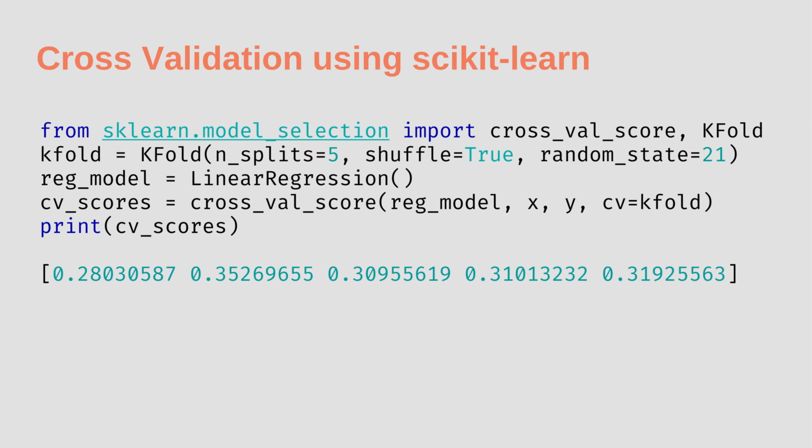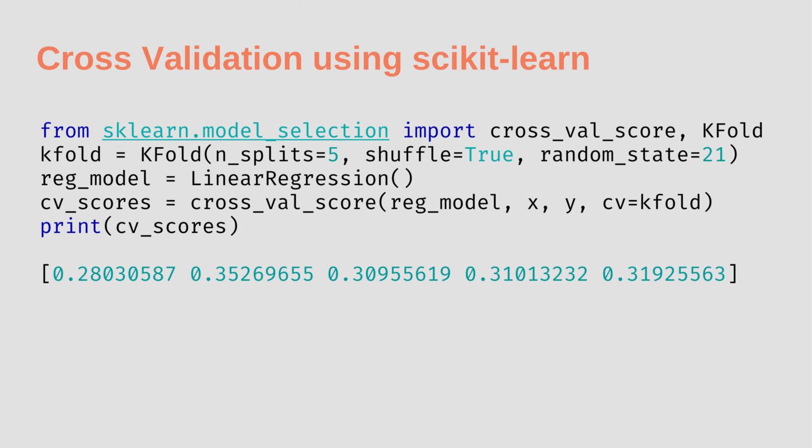We also set shuffle equals True to shuffle the data before splitting it into folds, ensuring a more random and representative split. To make our results repeatable, we assign a seed to the random_state argument, so every time we run this, the data will be split in the same way. We save this setup as the variable kfold.